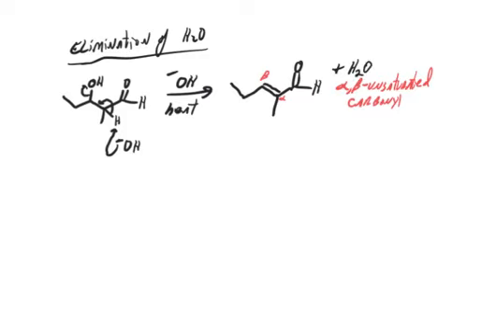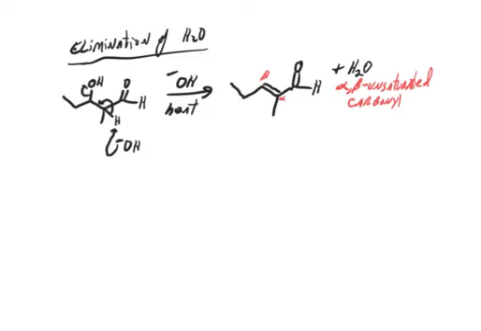So the first arrow takes the hydrogen off, forms the double bond between the alpha and beta carbons, and that forces the elimination of OH minus as this. So we regenerate our OH minus as we do this reaction. We're making water and regenerating OH minus from the reaction.